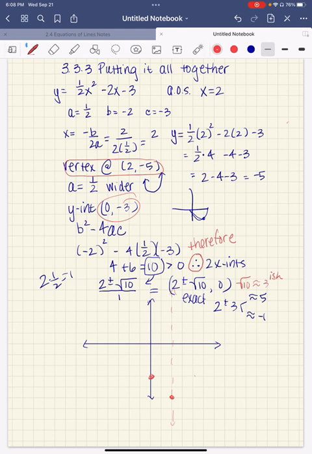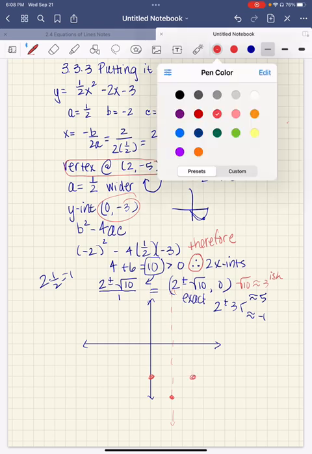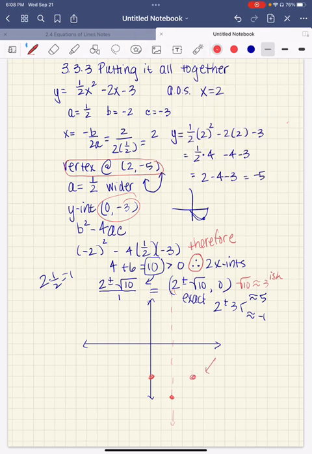My reflected point: take the y-intercept, reflect it across the axis of symmetry. Reflected point, symmetric point, whatever, same thing. And then we said the x-intercepts were around -1 and 5. Well, if you look at your parabola, it's around -1 there-ish, and it's around 5 here. Yeah, that makes sense. My parabola could kind of sort of look like that. And there you have it.